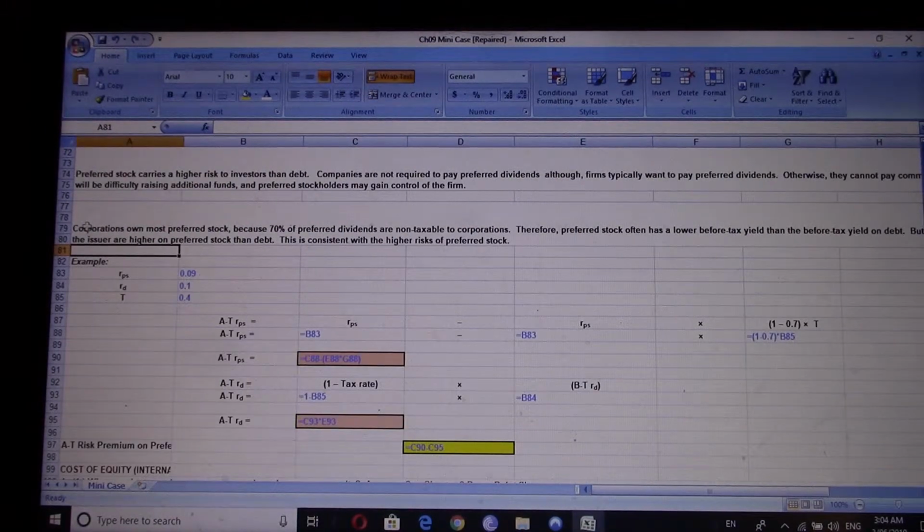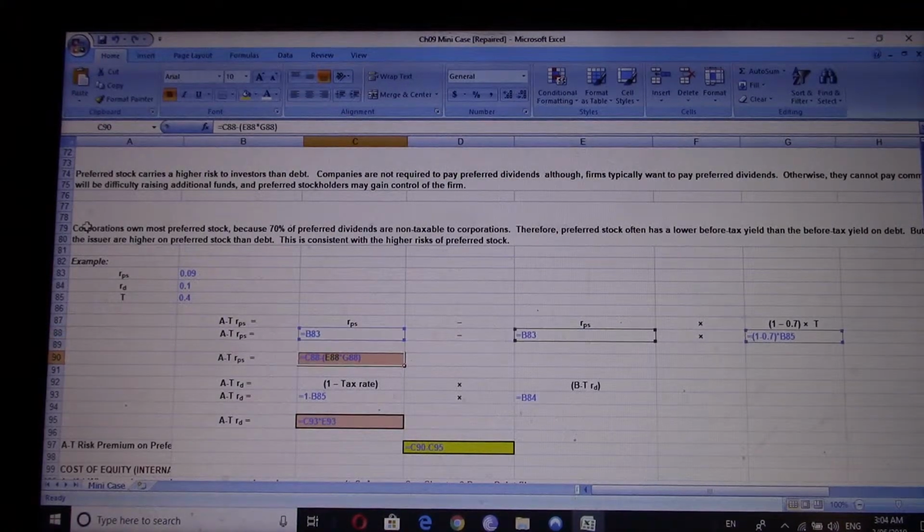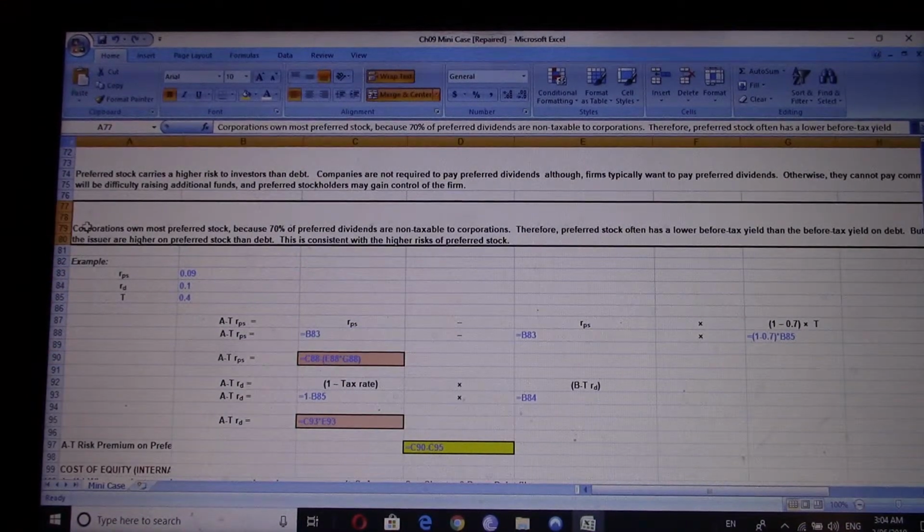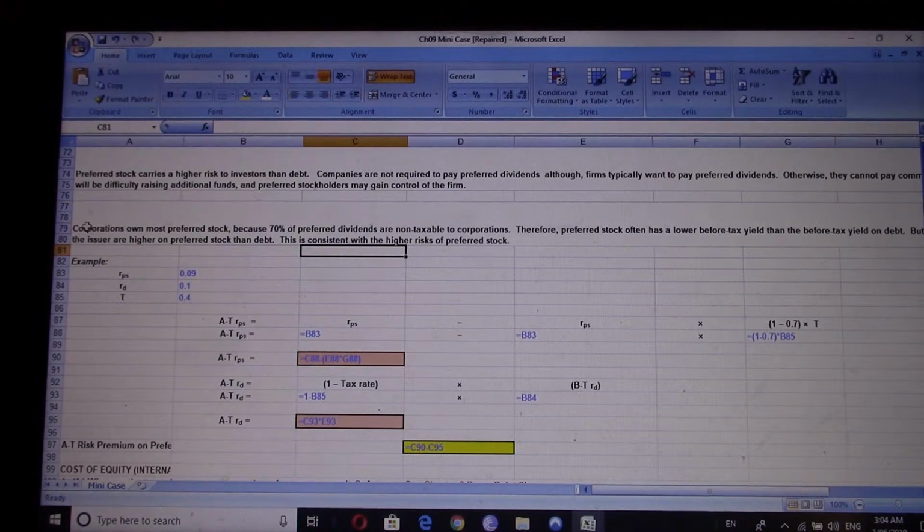So for this question, you need to consider that the tax rate is 40%. You need to get the after-tax cost for preferred stock also. The explanation part provides why you need to consider the tax impact. And you also need to consider the after-tax cost of debt, and then you compare the two.